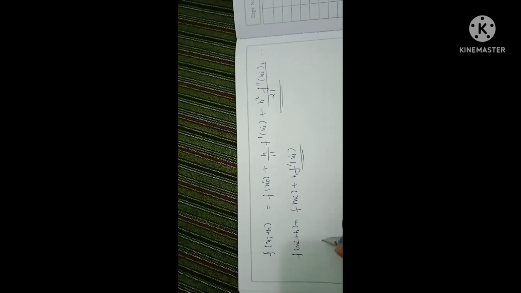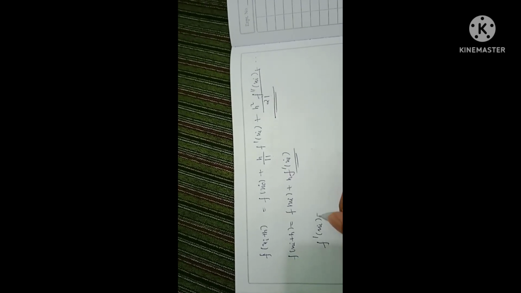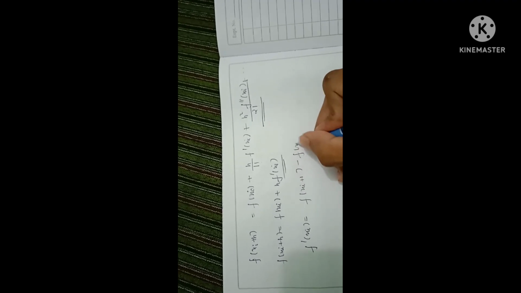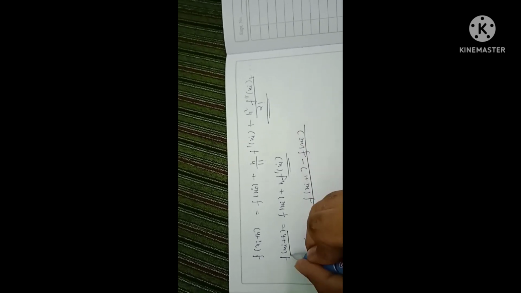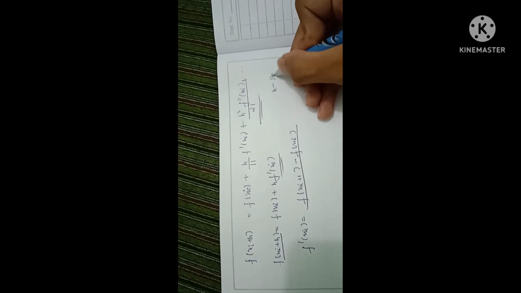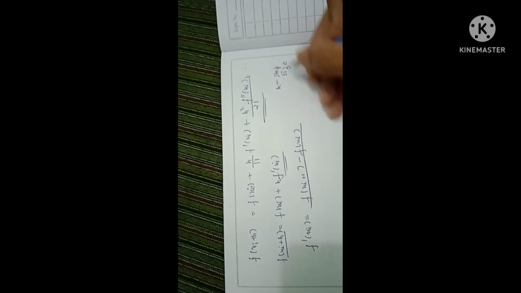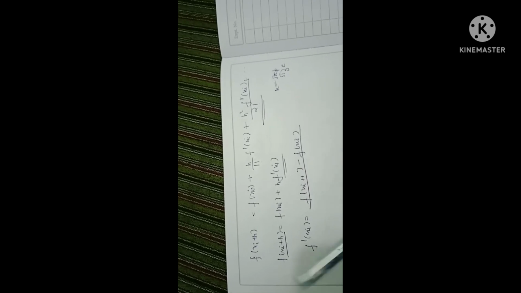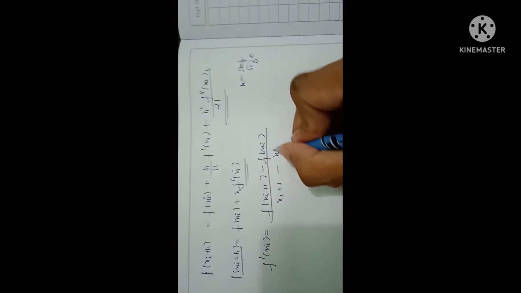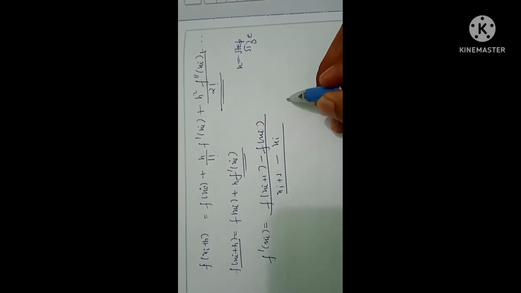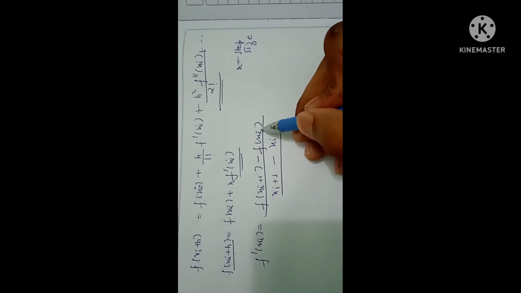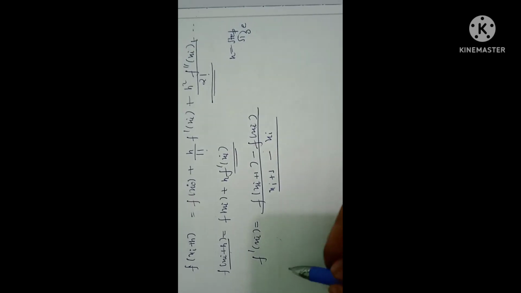Here we can find f dash xi is equal to f of xi plus 1 minus f of xi upon h. Simply xi plus h is equal to xi plus 1, where h is equal to step size. So now we have f of xi plus 1 minus f of xi. h can also be written as the difference between two consecutive terms, xi plus 1 minus xi simply.